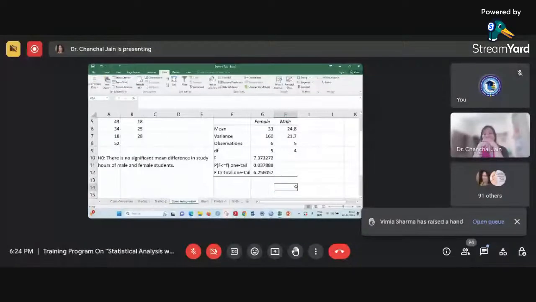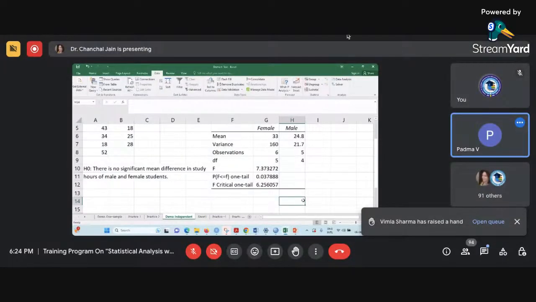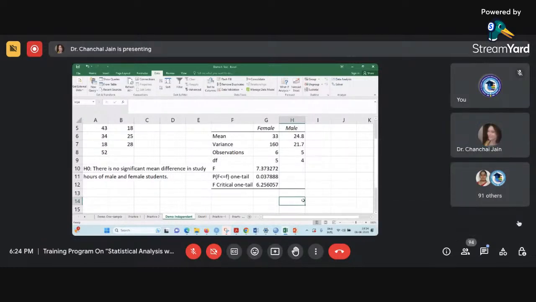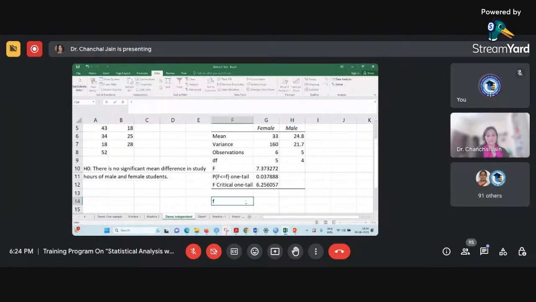Reject the null hypothesis. Okay. F calculated is greater than F critical or F tabulated.